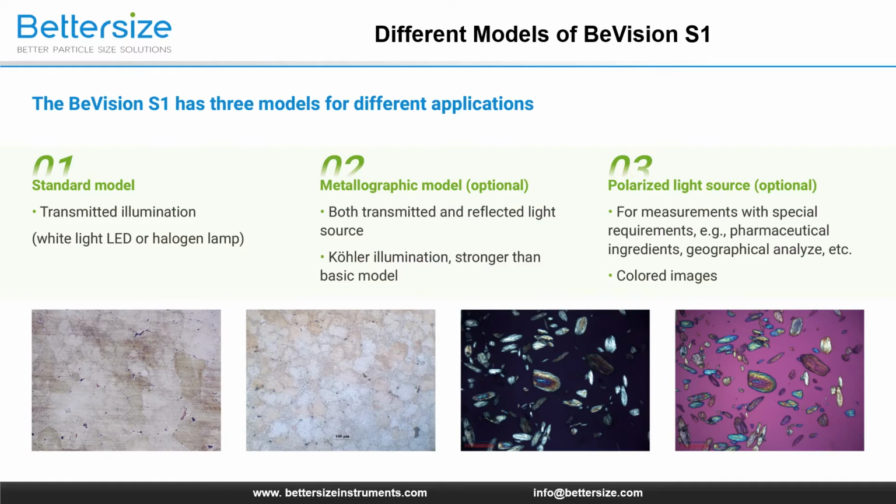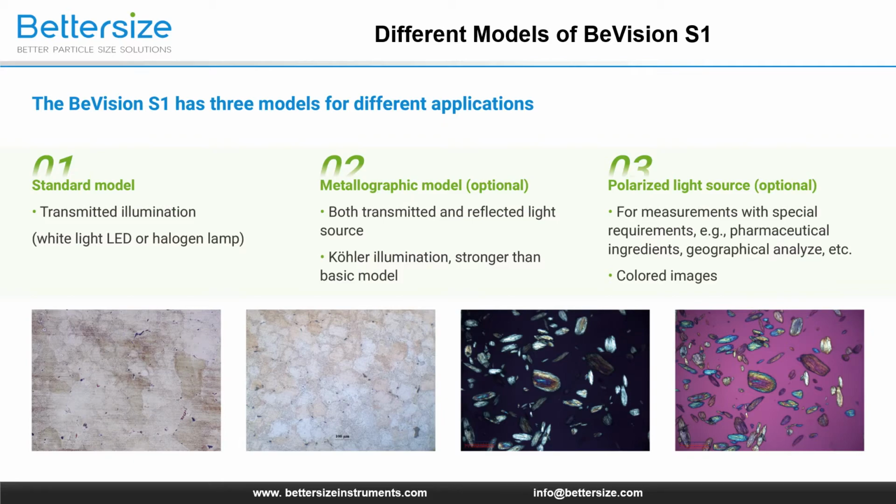The standard model of the Vision S1 is equipped with a transmitted light source. It can observe and analyze particles effectively for most applications, such as minerals, chemicals, ceramics, and polishing agents. The optional reflected light source of the Vision S1 can help measure particles dispersed in opaque mediums or on opaque surfaces.